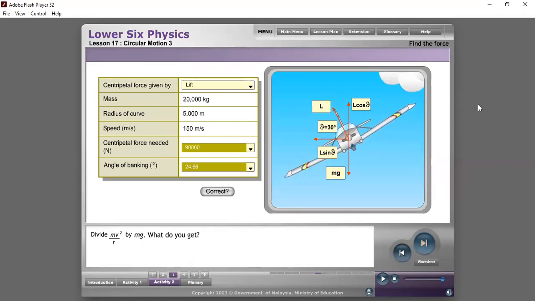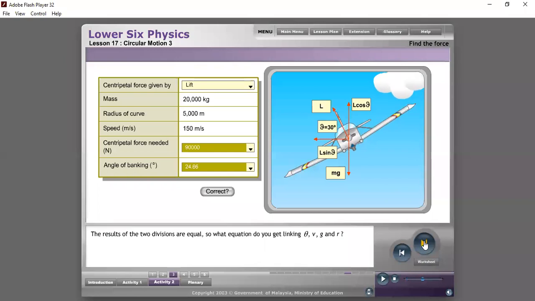So mv square over r divided by mg, that means it will be v square over rg, right? Answer: v squared over gr. Divide L sine theta by L cos theta. Answer: tan theta. So here it will become tan delta. The results of the two divisions are equal.